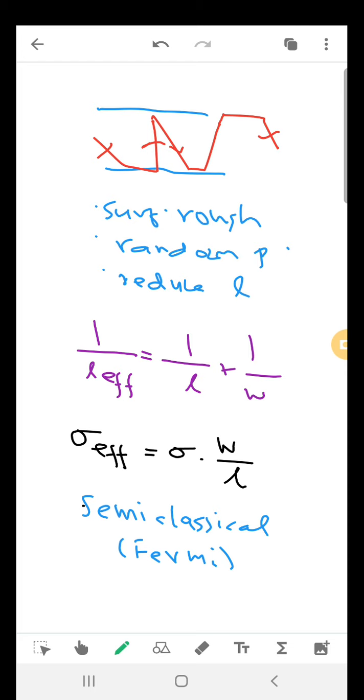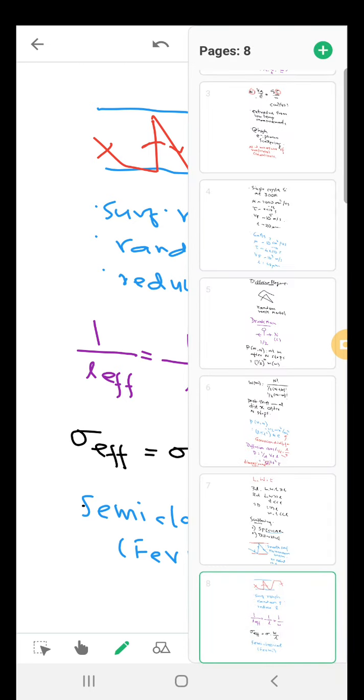According to Fermi, when there is no applied field, it can be magnetic or electric.